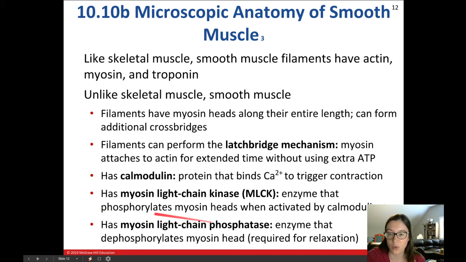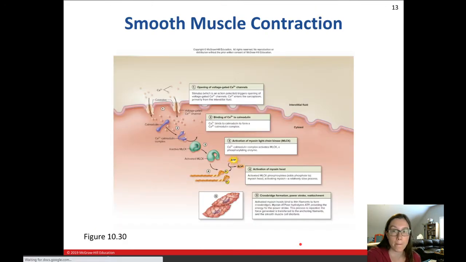It phosphorylates the myosin head when activated by calmodulin, and this is going to be important for activating myosin. And there's another enzyme, myosin light chain phosphatase, that dephosphorylates the myosin head, which is required for relaxation. So we'll go through all the steps in just a second.